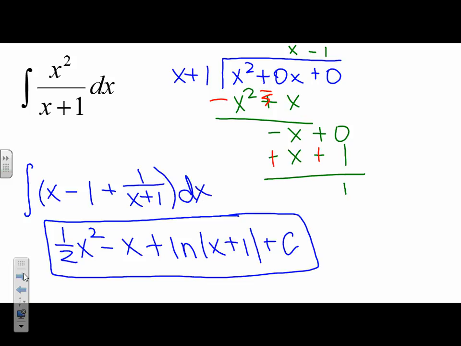All right. Here's our next example: the integral of 1 over cosine of theta minus 1.